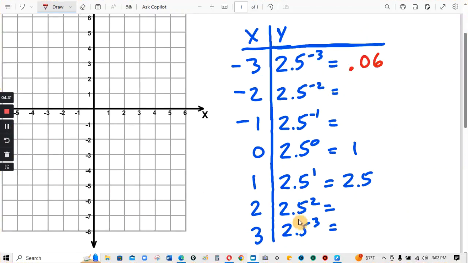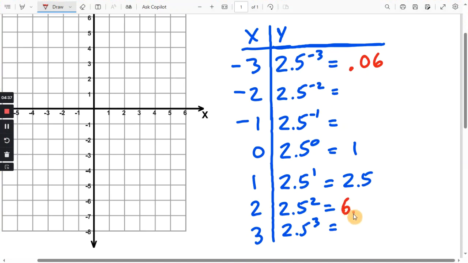Just for your information, the fastest way to do this, do 2.5 squared, and I get 6.25. And then on 2.5 squared, take the reciprocal of that, and you'll have 2.5 to the -2. All right, so that's the fastest way to get these values. So if I do 2.5 to the 3rd, I get 15.6.